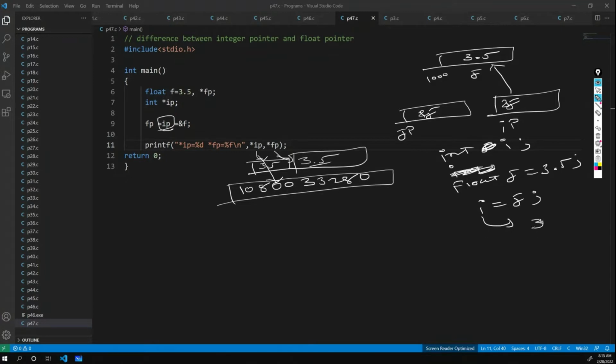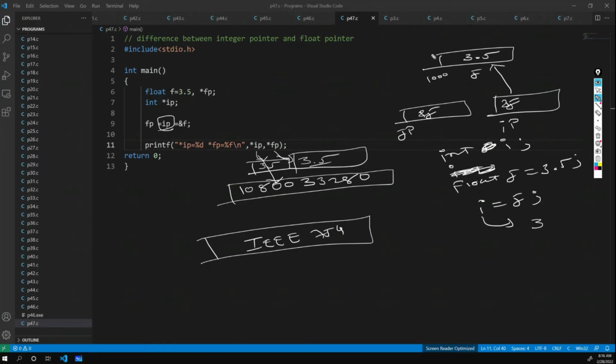In the case of float, float data are stored in the IEEE 754 standard. In memory, float data are stored in the binary format of the IEEE 754 standard. When we use the address directly and read data from that address, there is no typecasting. In the float-to-integer assignment, that is implicit typecasting.